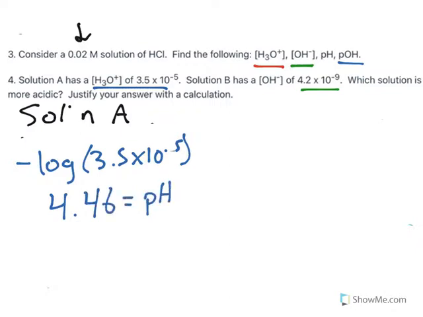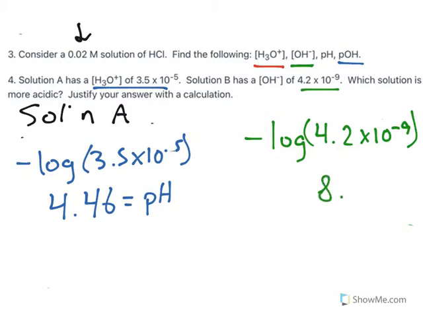Now, if I took the negative log of 4.2 times 10 to the negative 9th, I find that that equals 8.38. But you've got to be careful here. You just took the negative log of the OH. So you did not just find the pH here, you found the pOH.